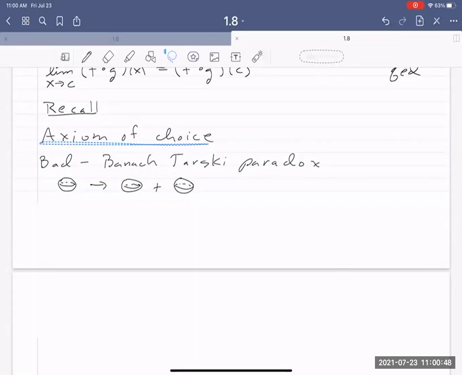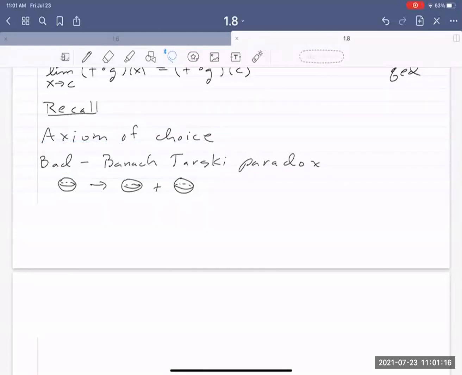So first off, let me tell you the bad, and this is something that I still am disturbed with since the first time I heard it when I was in my teens, like 12 years old: the Banach-Tarski paradox. So the Banach-Tarski paradox says the following.